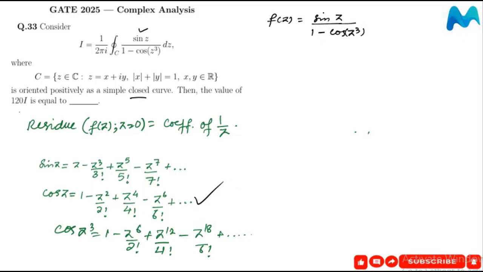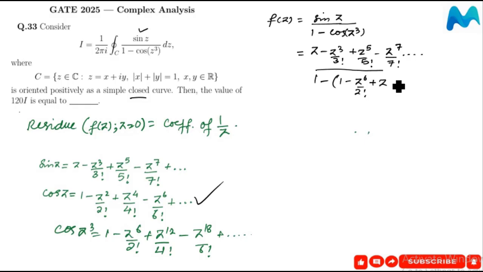So the numerator will be z minus z cube by 3 factorial plus z^5 by 5 factorial minus z^7 by 7 factorial and so on. The denominator will be 1 minus z^6 by 2 factorial plus z^12 by 4 factorial minus z^18 by 6 factorial plus and so on.